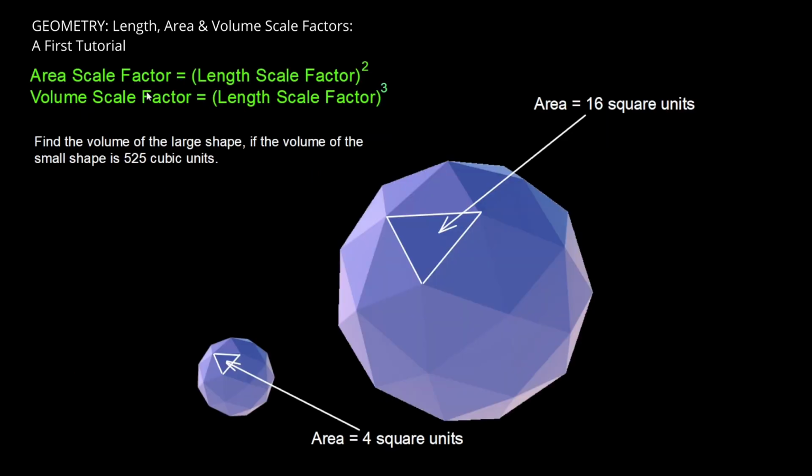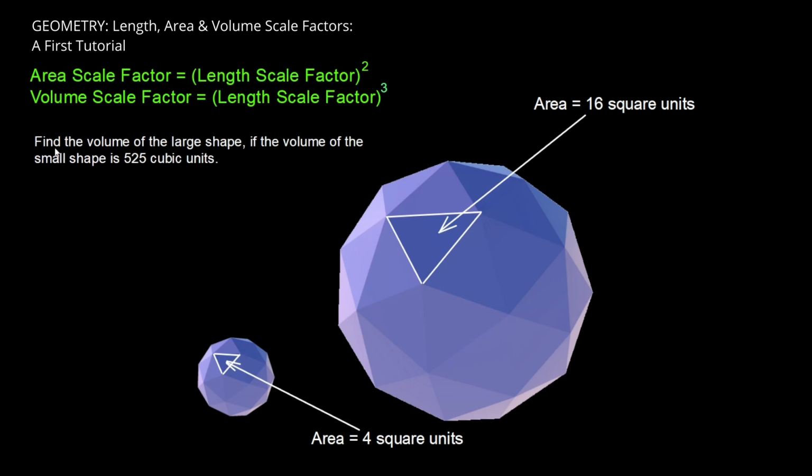So I've restated our results here: the area scale factor is the length scale factor squared and the volume scale factor is the length scale factor cubed. And we've got 2 similar shapes here. We're told that the area of one of these faces is 16, and that the similar area on the small shape is 4: 4 square units as opposed to 16 square units.